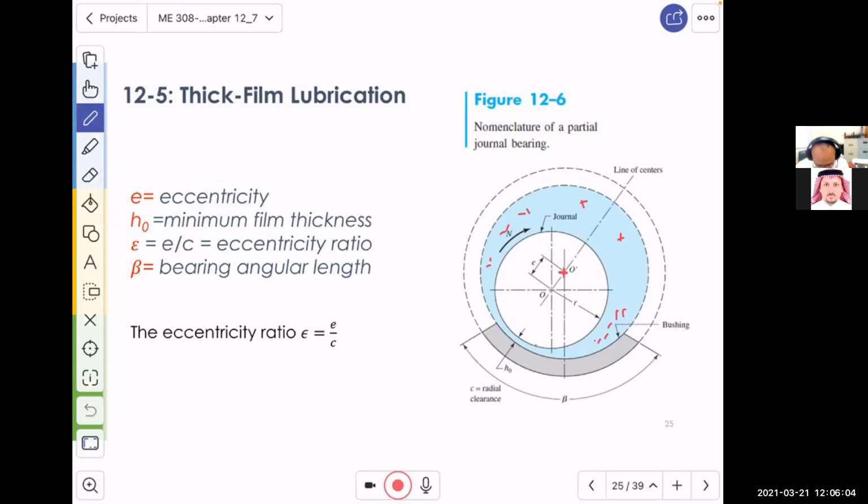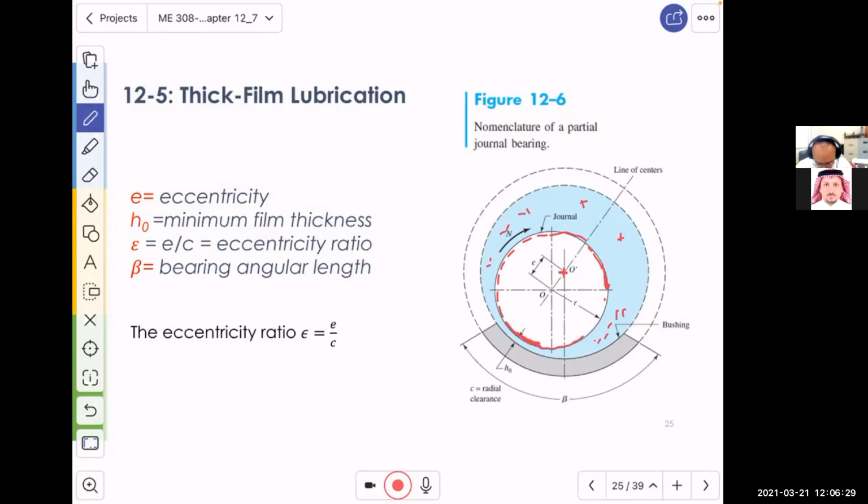Everywhere there is this zero-slip layer where the fluid moves with the same speed as the journal.